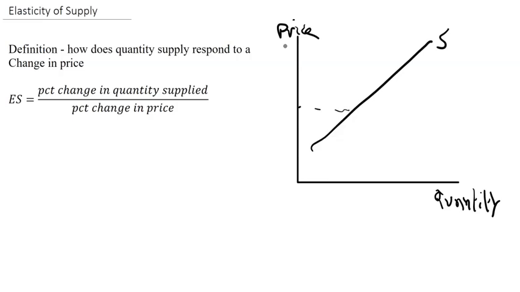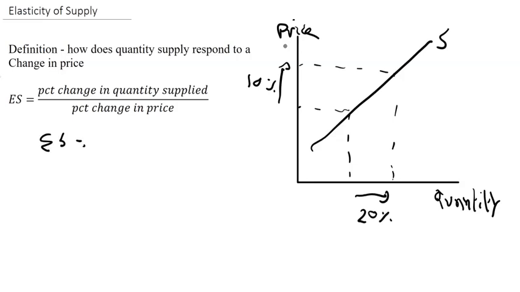If price goes up by 10%, and as a response quantity supplied increases by 20%, then my elasticity of supply is going to be the percentage change in quantity supplied, which is 20%, divided by the percentage change in price, which is 10%, which will be equal to 2.